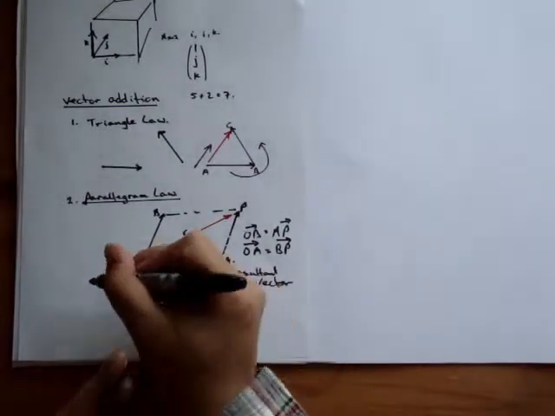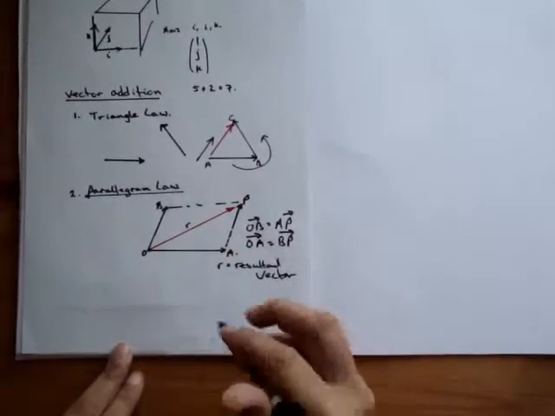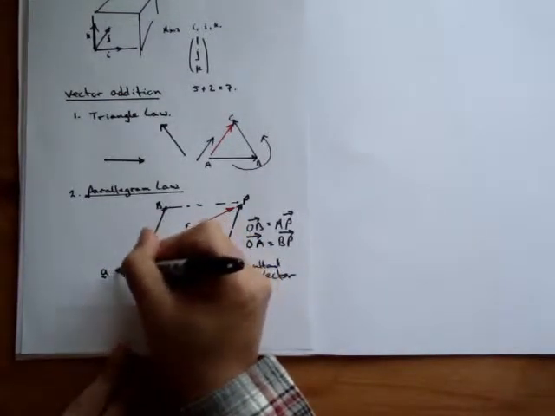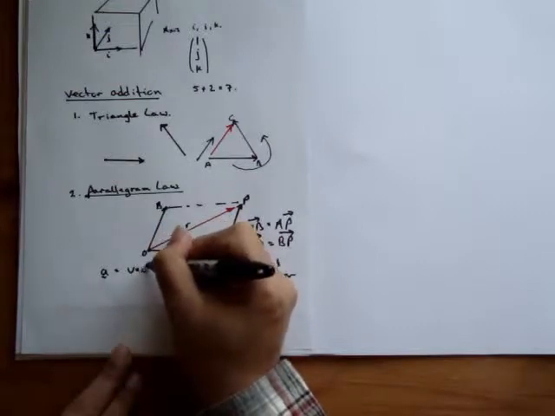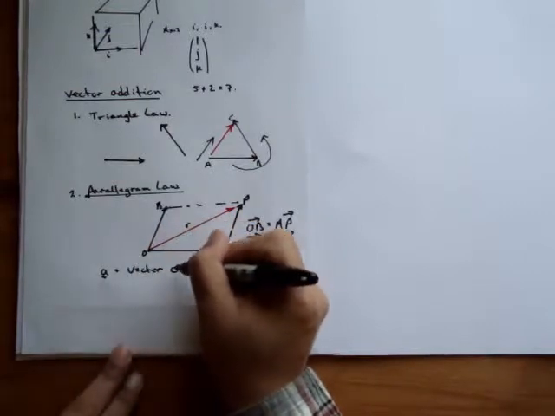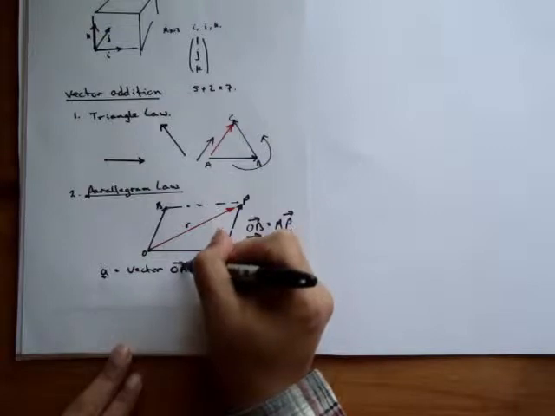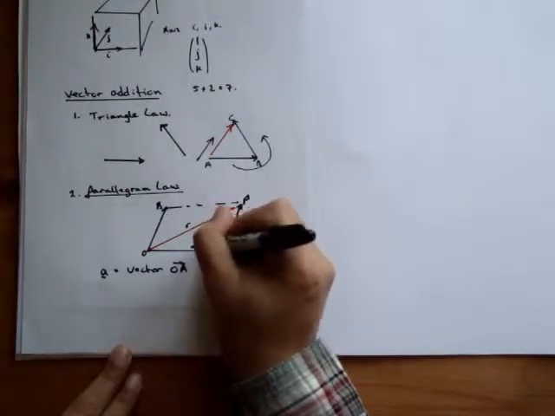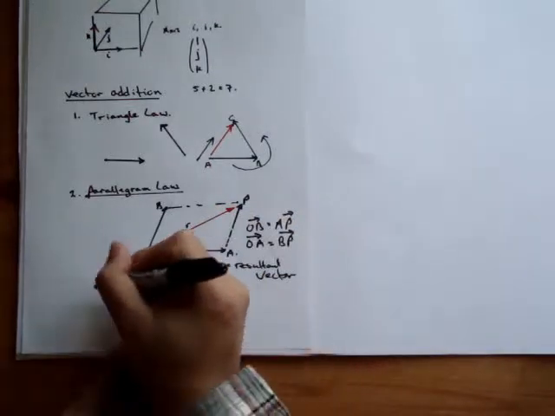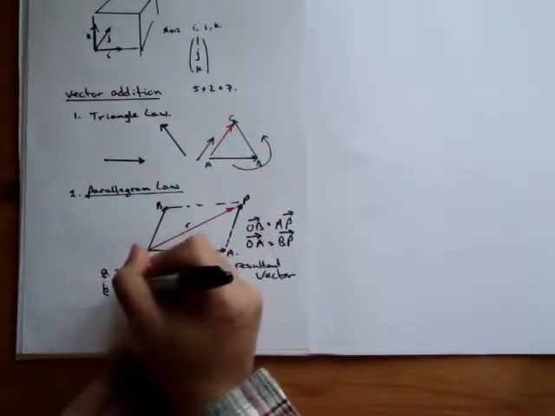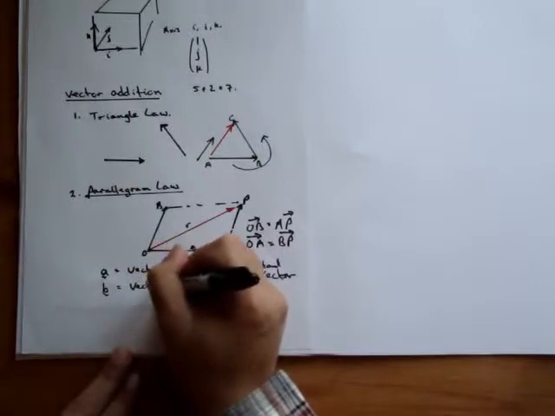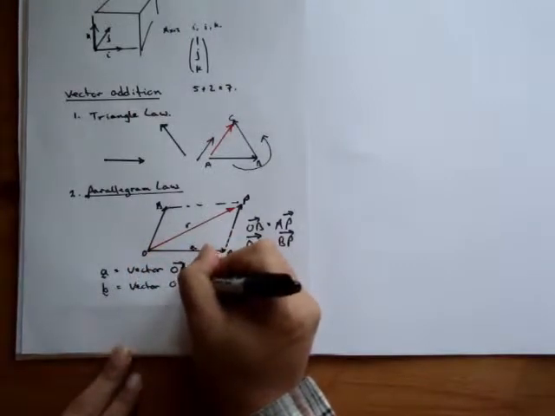Also, in vector notation, if we write small a, this equals vector OA. So this would be A, and if we write B, this would be our vector OB.